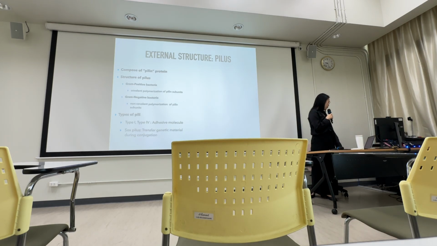Pili are composed of pilin proteins, and the structure of pili differs between gram-positive and gram-negative bacteria, in the way the pilin protein is covalently linked. As for the types of pili, type 1 and type 4 are used to adhere onto the surfaces, but there are also the pili called sex pili. These pili are quite important because they are used to transfer genetic material from one bacterium to another.